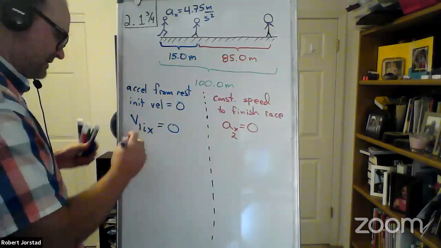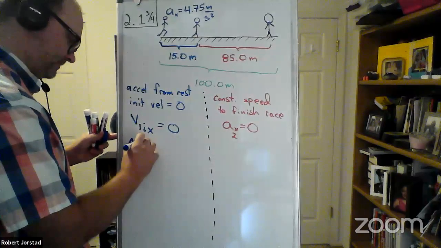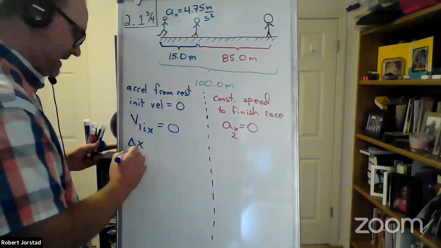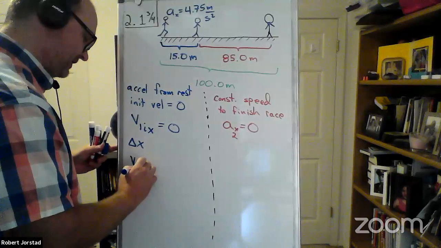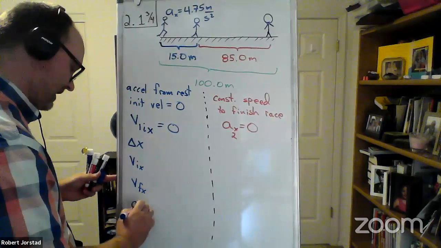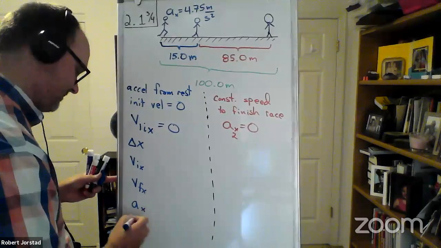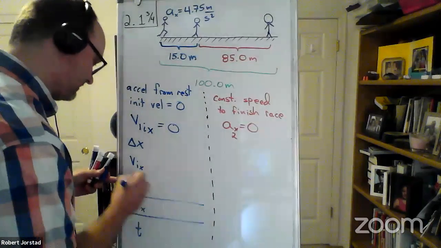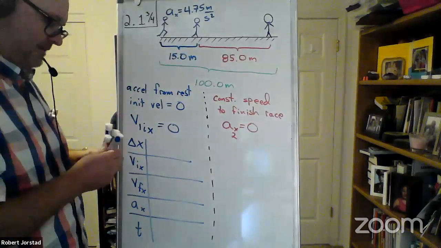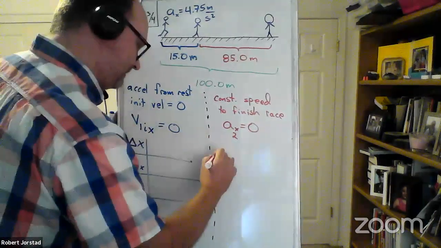But the idea is, remember from last time, we said there are 5 variables that appear in our equations: delta x, the initial x, the final x, a sub x, and time. And I'm going to do that over here as well.